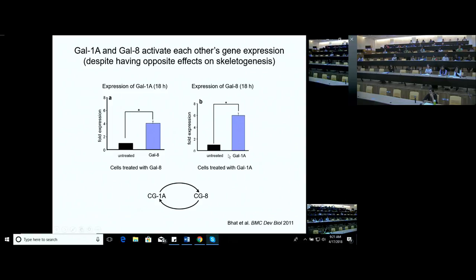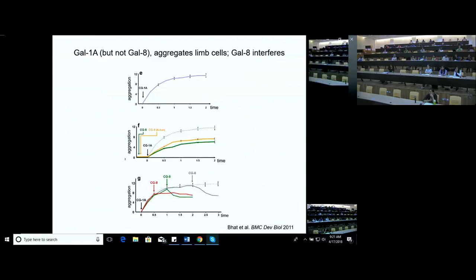Here, if we treat the cells with galectin 1A, we get much more galectin 8. So they activate each other's production. So this is a little paradoxical because they have opposite effects on skeletogenesis, but we found that galectin 1A aggregates limb cells and galectin 8 interferes with it.